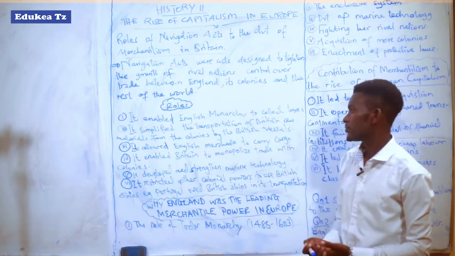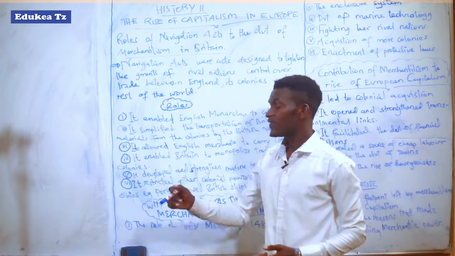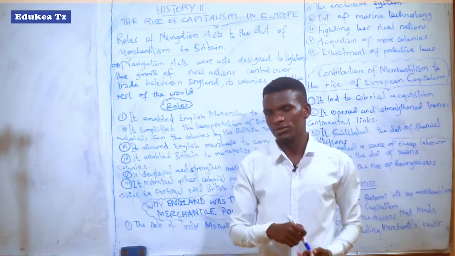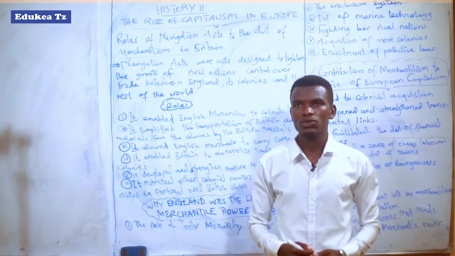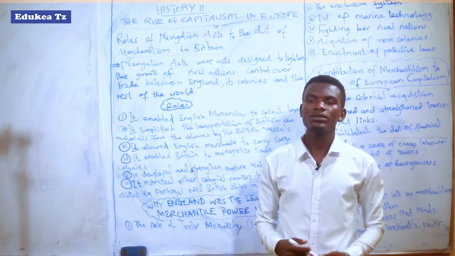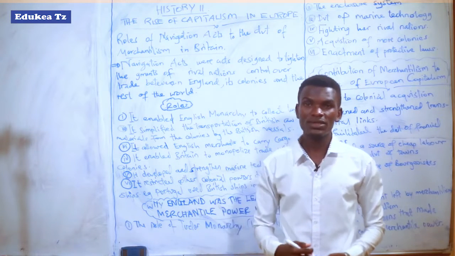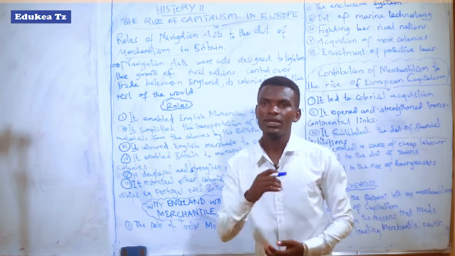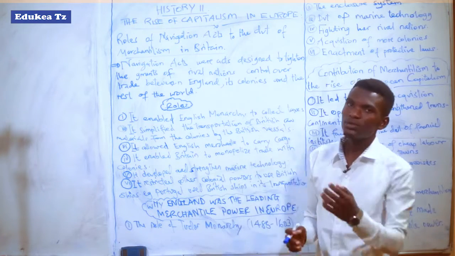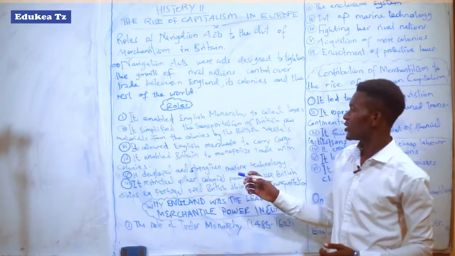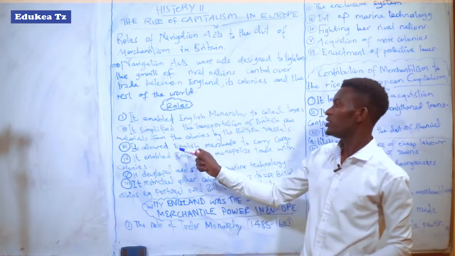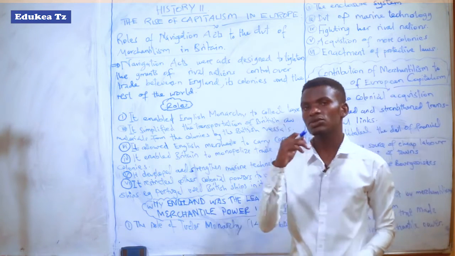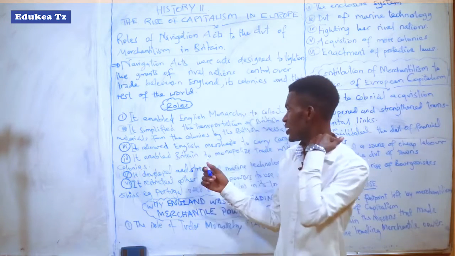Another law of the Navigation Acts allowed English merchants to carry cargo. It means the acts allowed only English merchants to use ships, and placed harsh conditions and other taxes or tariffs on rival nations that wanted to use English ships in carrying cargoes, while English merchants were favored to use English ships and vessels to carry their cargoes.